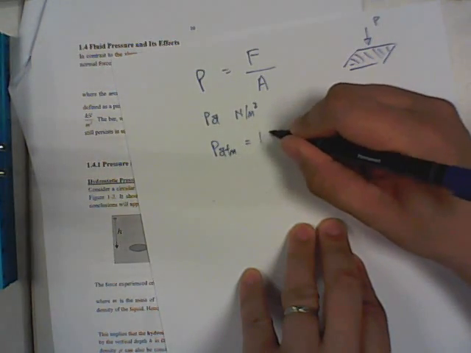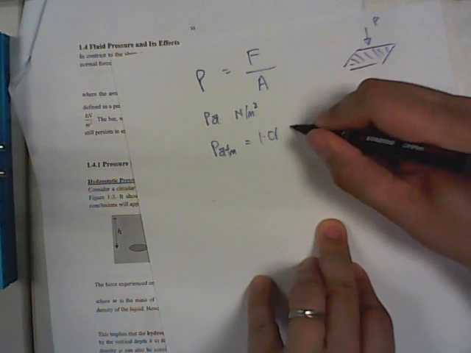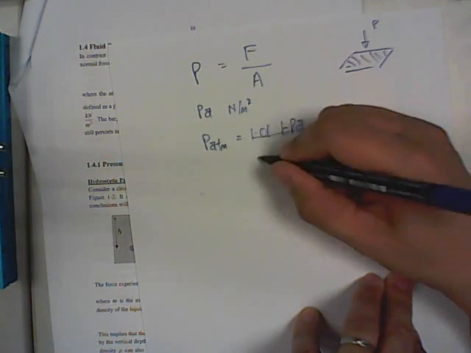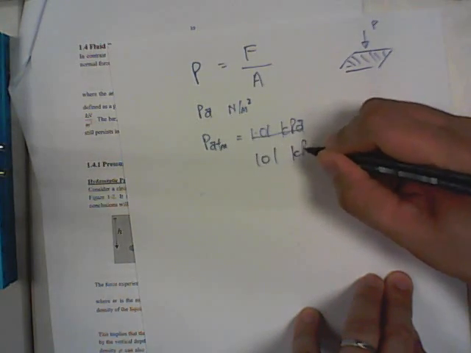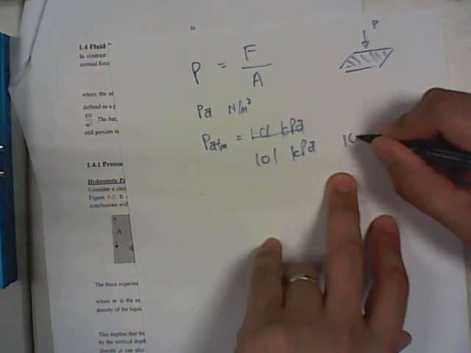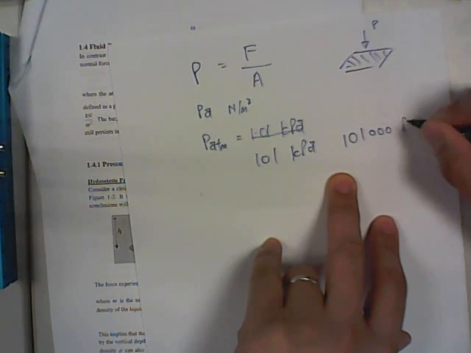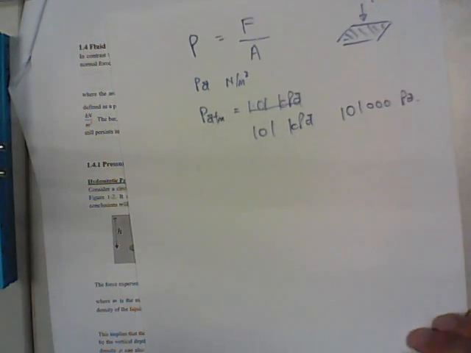The typical value of atmospheric pressure is about 1.01, which is actually 101 kilopascal, or about 101,000 pascals.